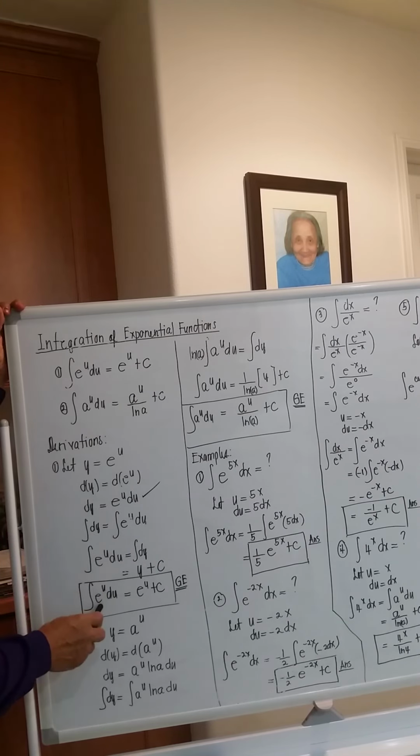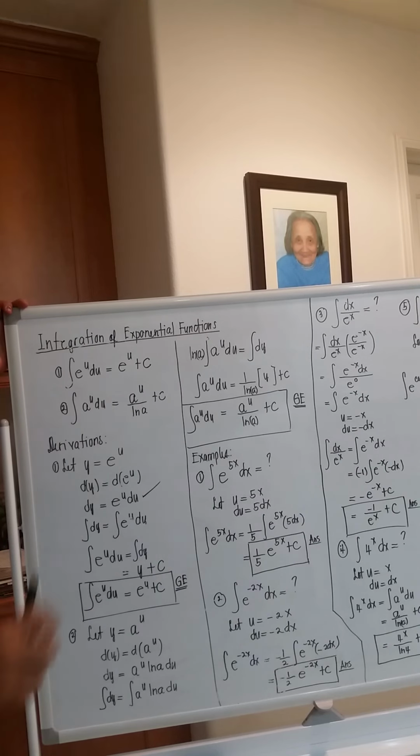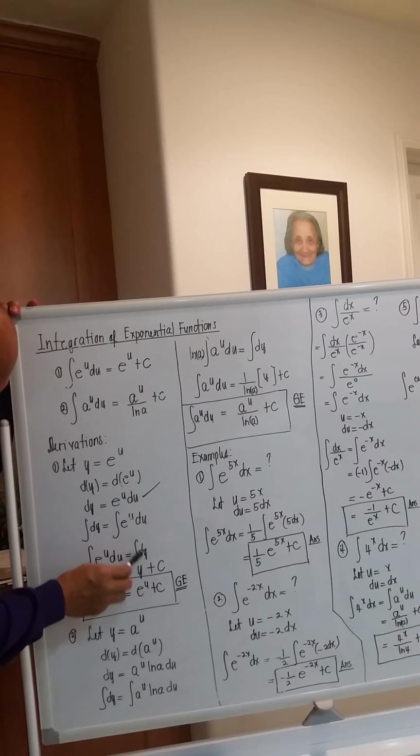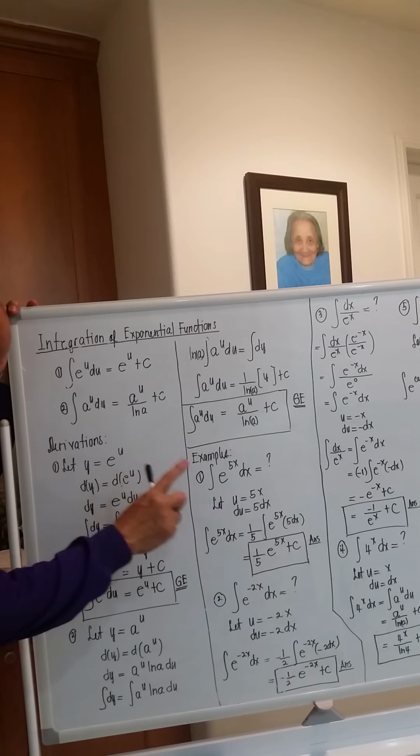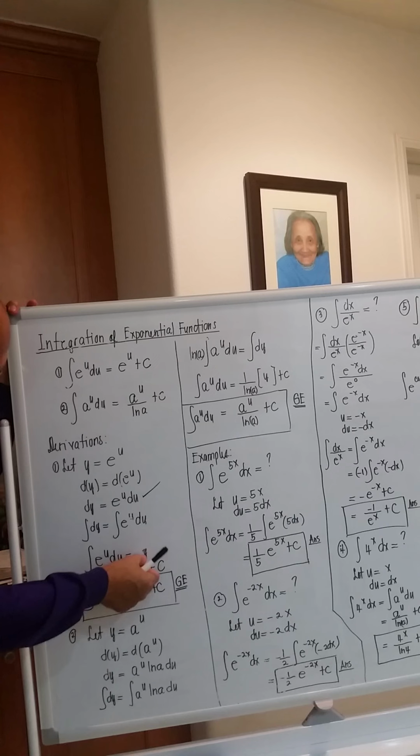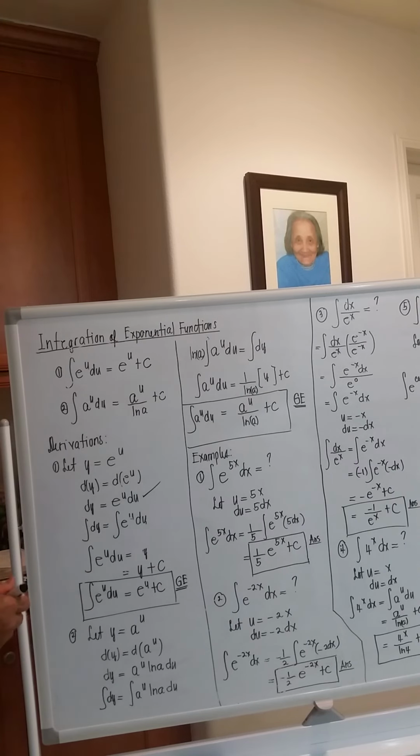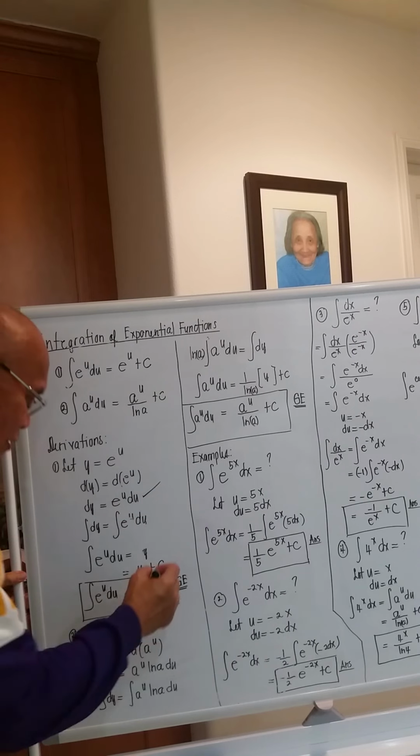As I told you before, the integral sign and the differential sign cancel out each other. So the integral of the differential of y is just y. Since we are integrating indefinite integrals, this is plus c.